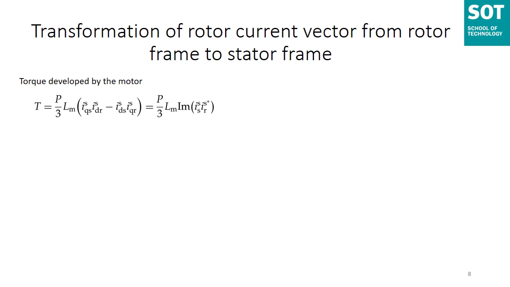You can see from this expression that Im is nothing but the imaginary part of the product of vector Is and the conjugate vector Ir, both referred to the stator fixed frame.